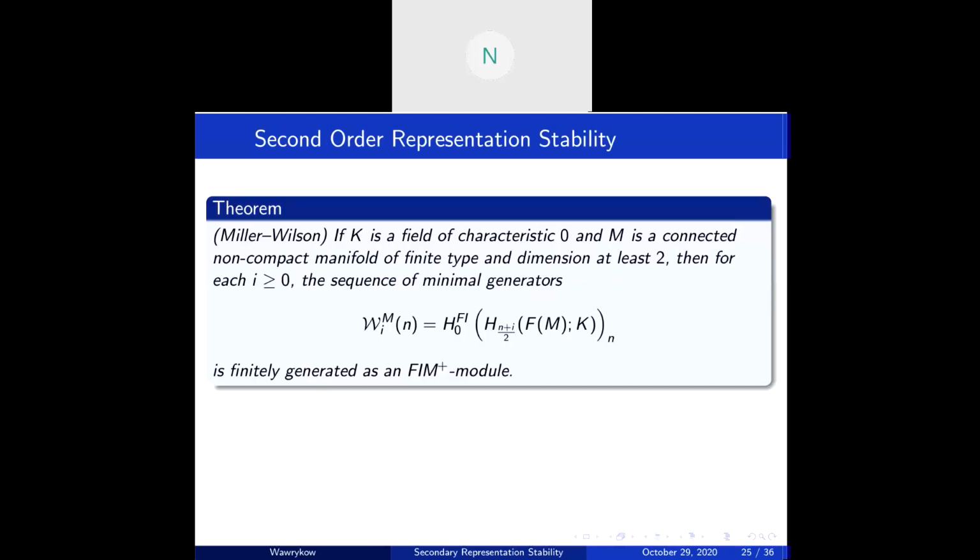So Jeremy and Jenny proved that if K is some field of characteristic 0, and M is some connected non-compact manifold of finite type and dimension at least 2, then the sequence of minimal generators, so this zeroth FI homology, is going to be finitely generated as an FIM+ module.